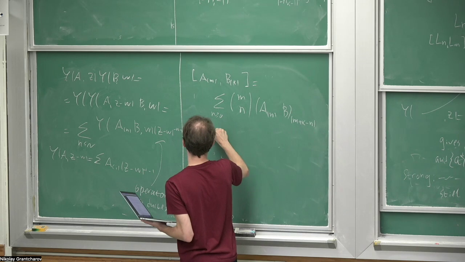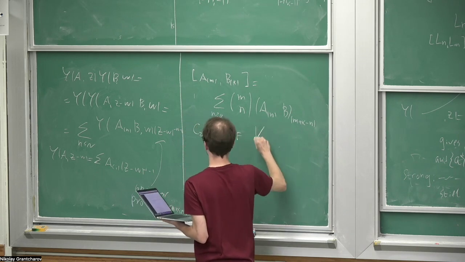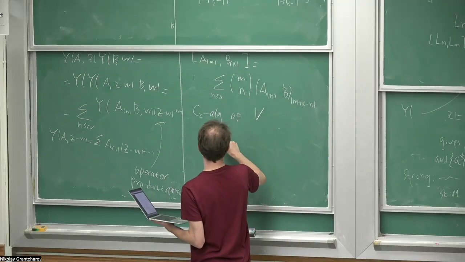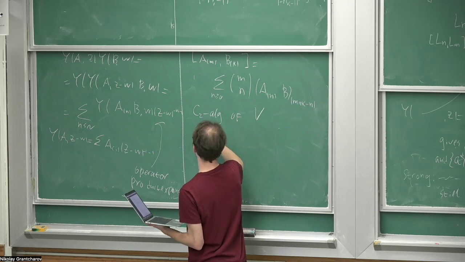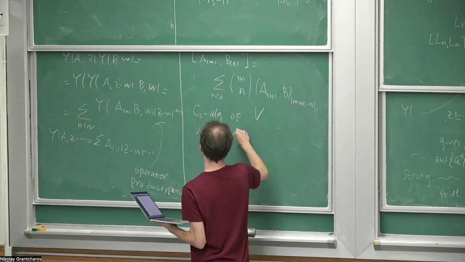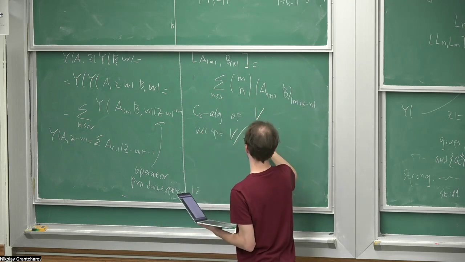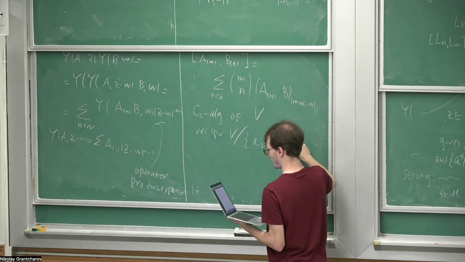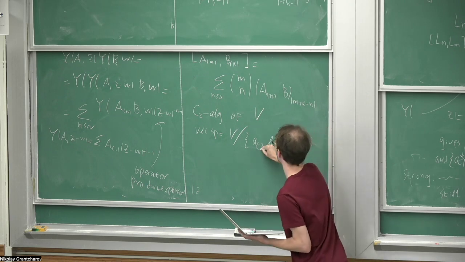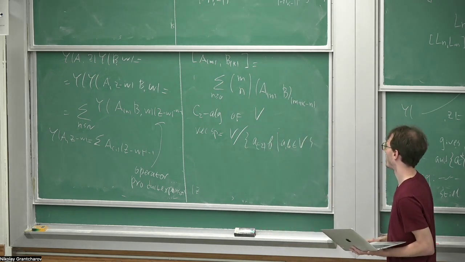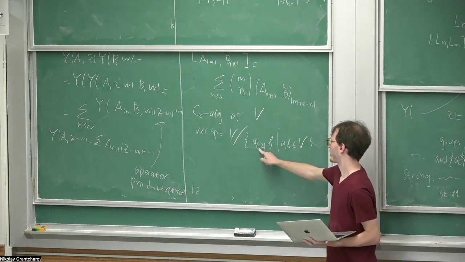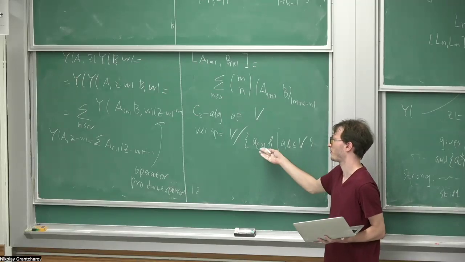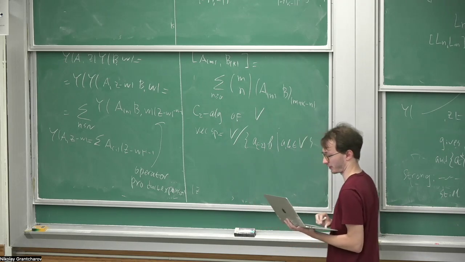define the C2 algebra of V, where C2, as I said, is as a vector space V over the span of A minus 2 B, where A and B both belong to V. Take the stuff corresponding to D in this product series that you get when applying fields to vectors.